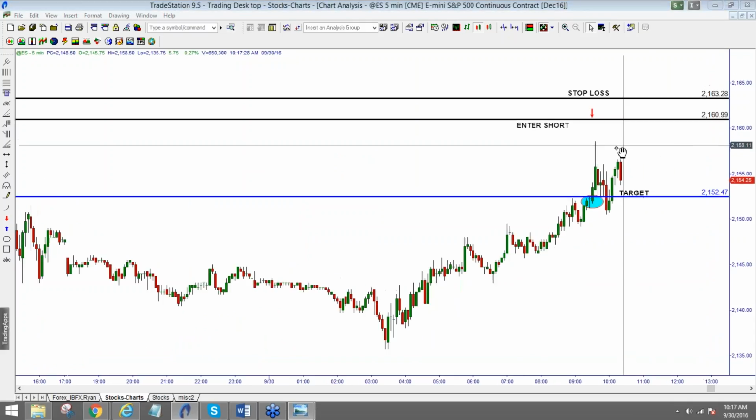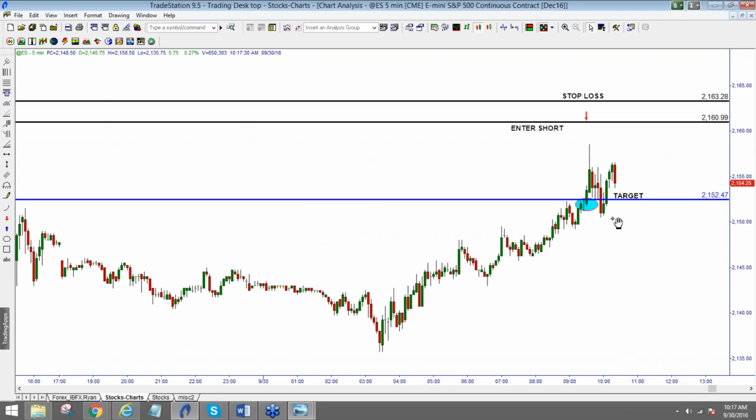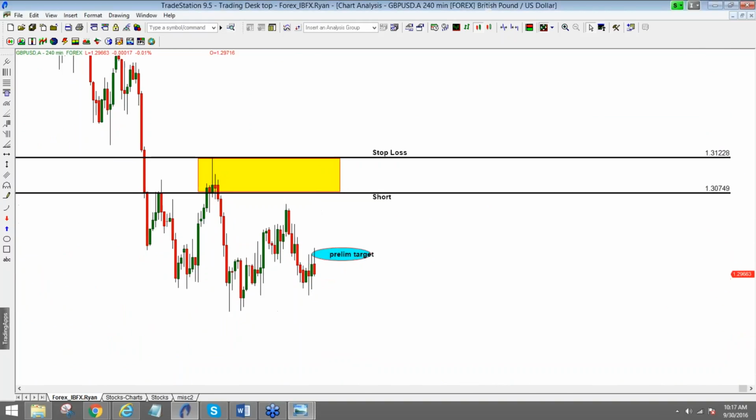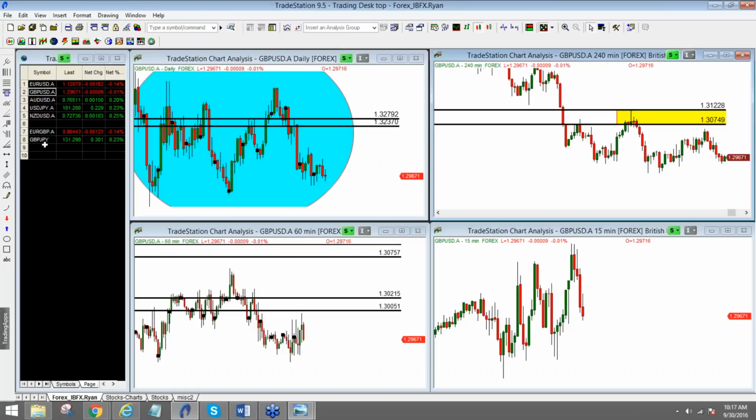Just doesn't want to get there. Come on. This is a Forex trade we looked at before. Just looking at it on the pound, but looks to be too far off for today, probably.